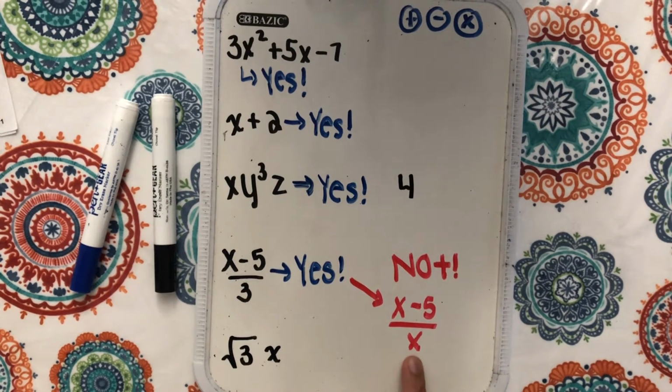So we cannot be dividing by a variable because it is possible that x could equal 0. And if x equaled 0, whenever we divide something by 0, it turns into undefined. So we can't be dividing by x and still have a polynomial.